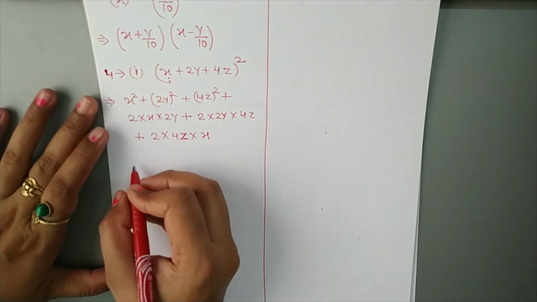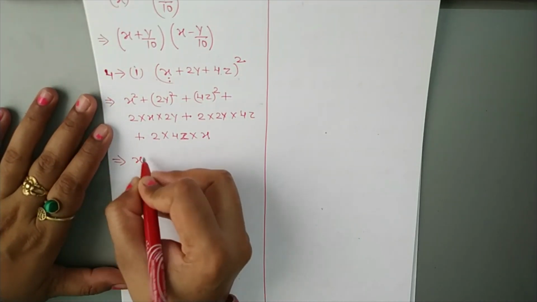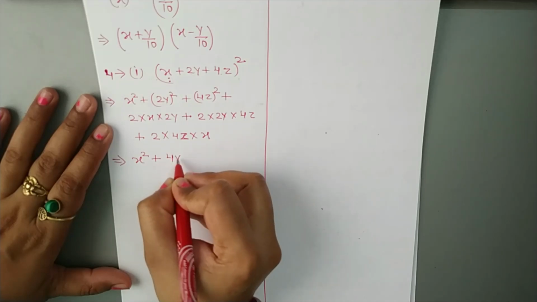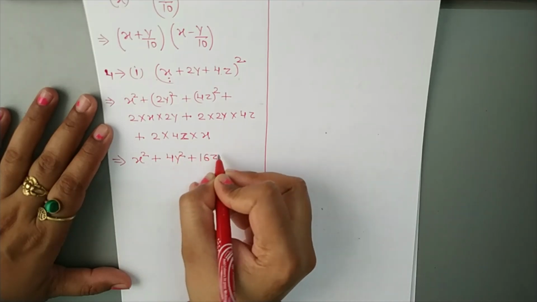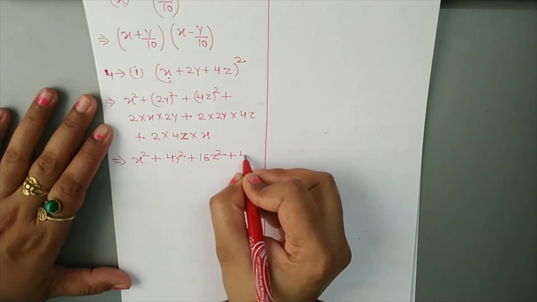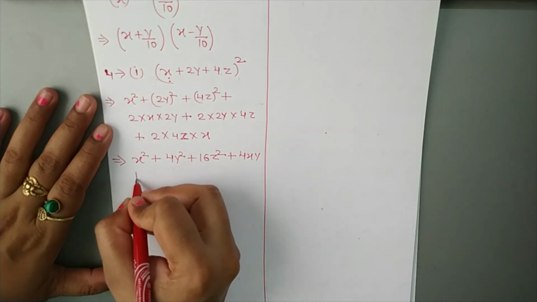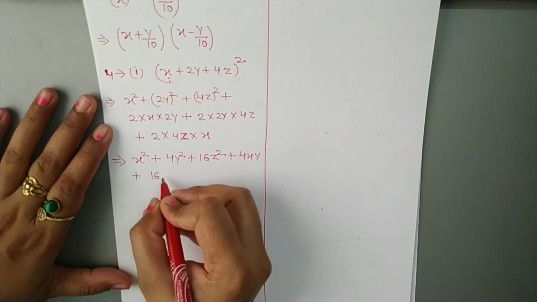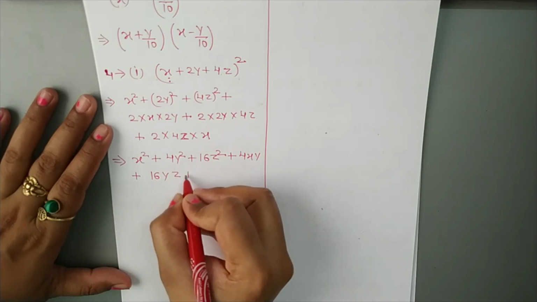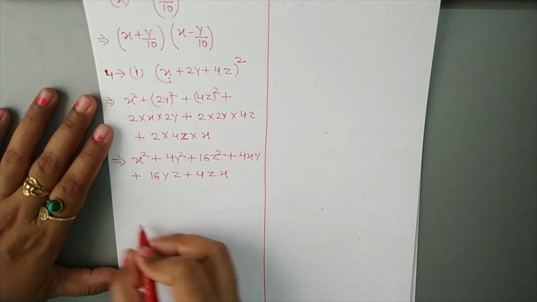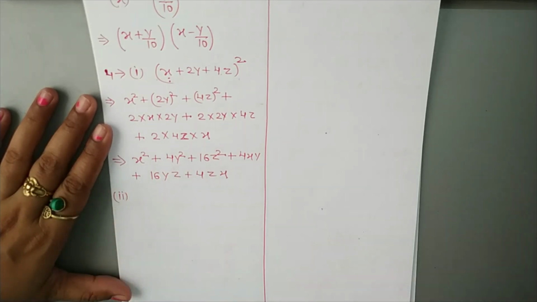So it will become x square plus 4y square plus 16z square plus 4xy plus 16yz plus 4zx.